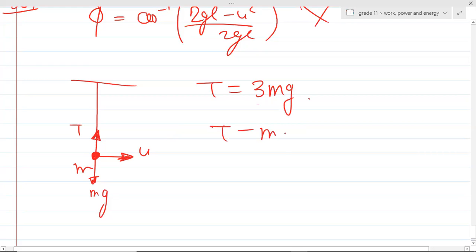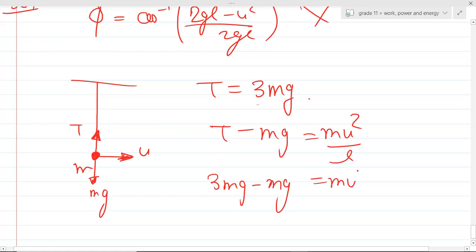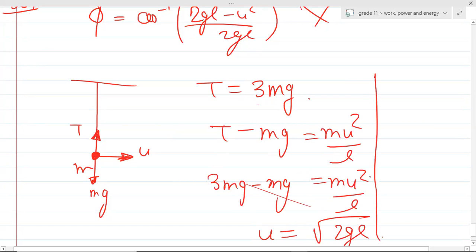T minus mg is equal to mu square by L. From here, 3mg minus mg is equal to mu square by L. And from here, u square will be twice of mg into L. And m cancels out. So velocity is under root of 2gl, right?